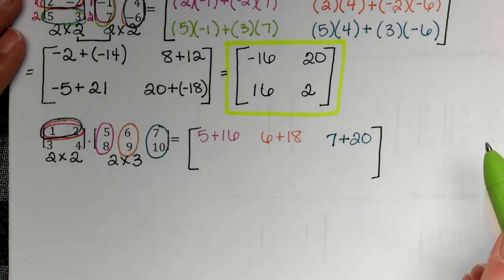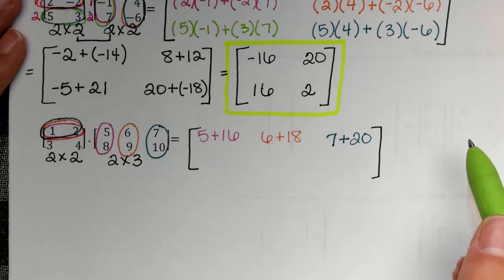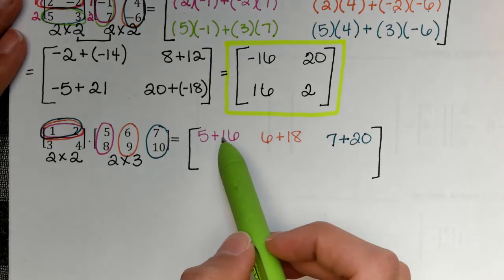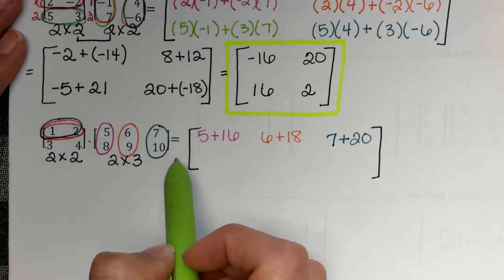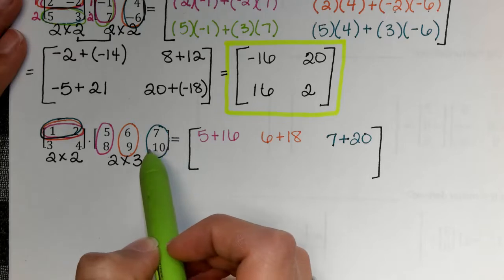Yes, ma'am. So what's the point of doing first row column? First row times this column, first row times this column, first row. I mean, you can do whatever order you want.